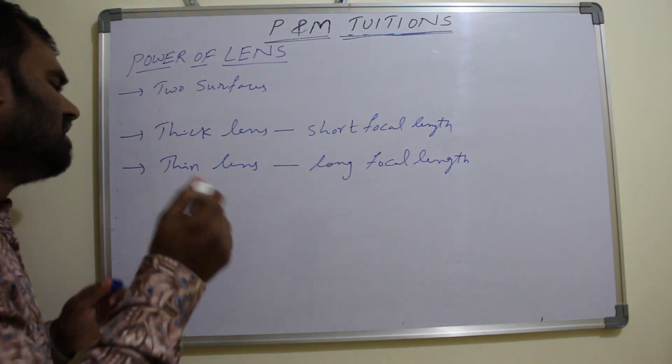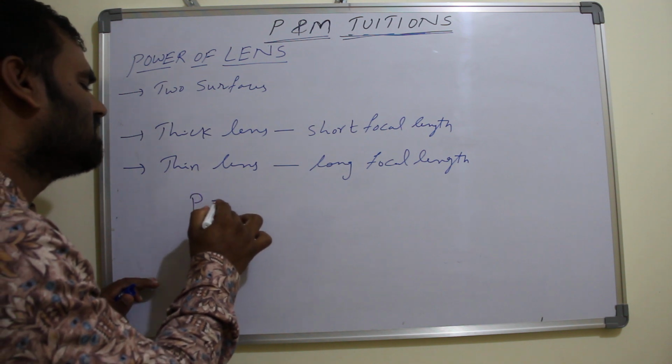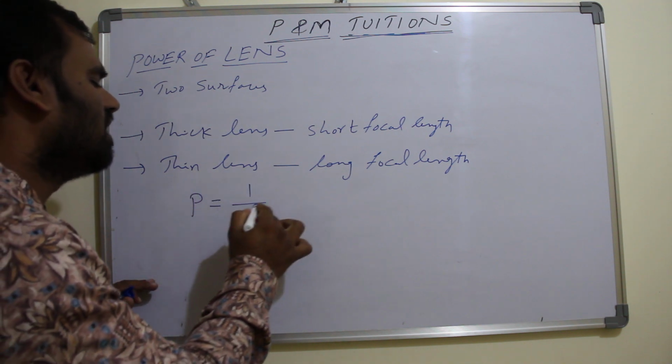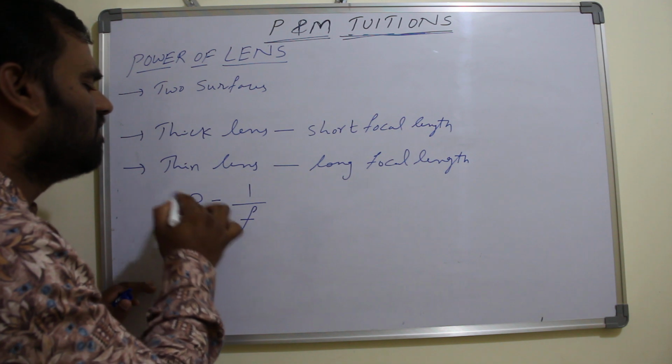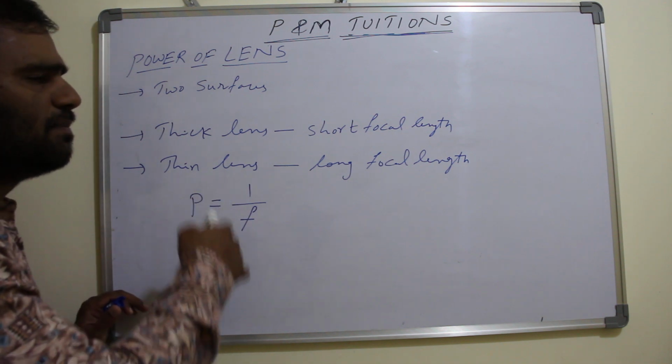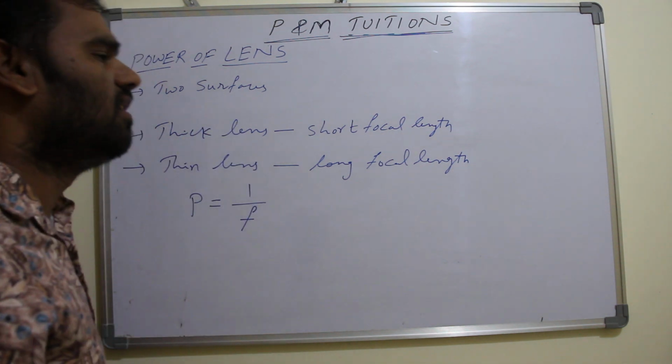Power of lens can be expressed in terms of the reciprocal of focal length. So power of lens P is equal to the reciprocal of focal length of a lens. The focal length we have to take in meters. Once again, the reciprocal of focal length of a lens is called its power.